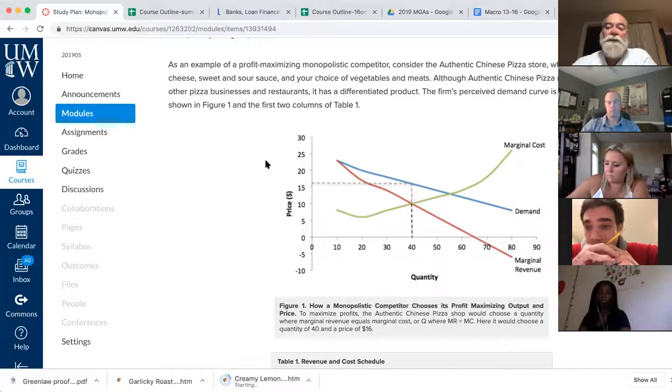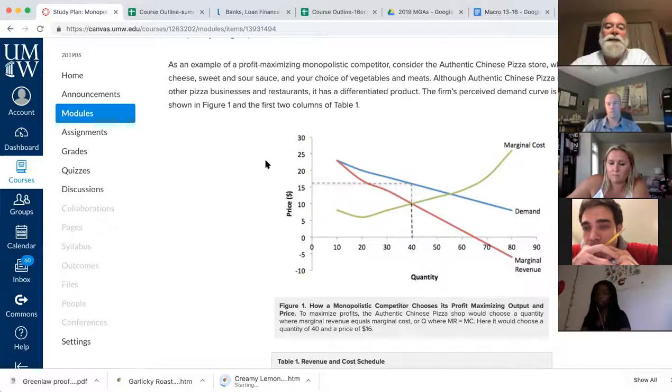So the first step is you find the point where marginal revenue equals marginal cost. You go down to the x-axis and you read what the quantity is. So in this graph, the quantity is 40 units of output.